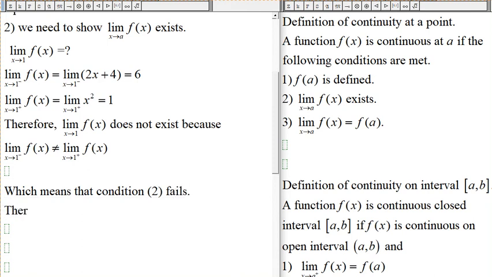And therefore the function f of x is discontinuous at x equal to 1. And let's look at the graph again.